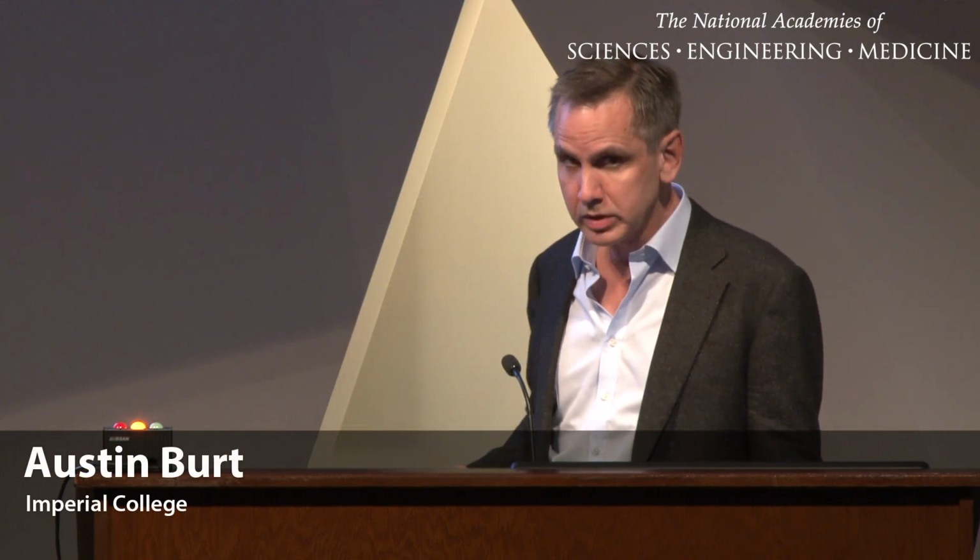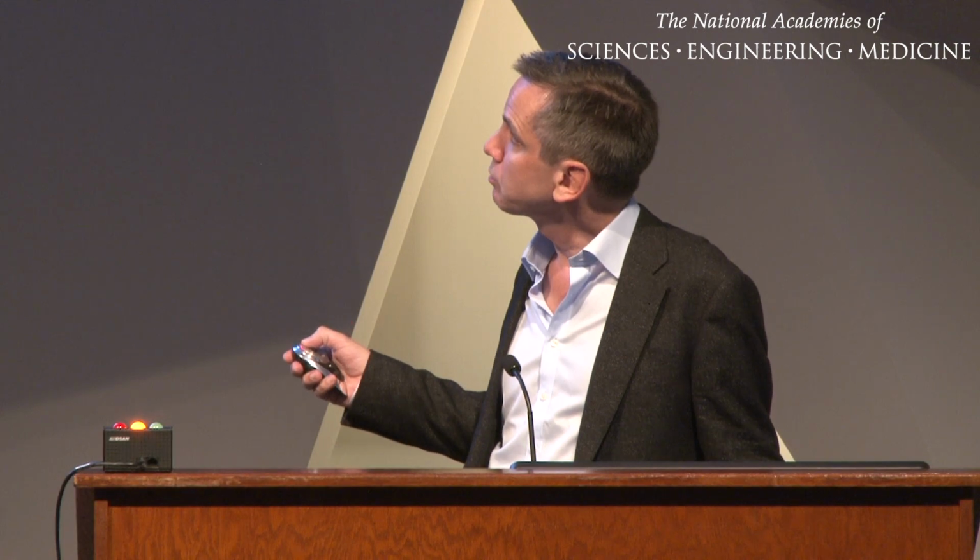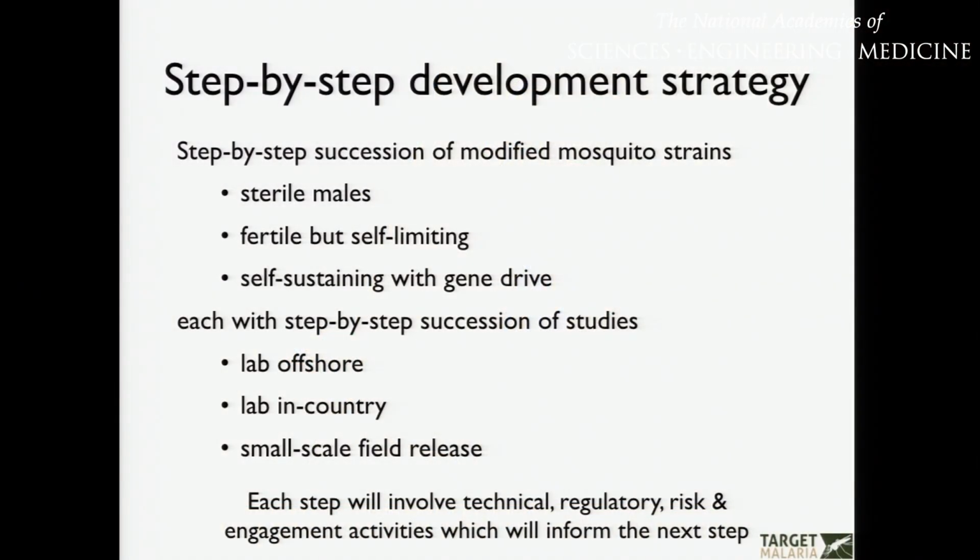And a nice feature of this is that it allows a step-by-step development pathway. So you can have a step-by-step succession of modified mosquito strains, starting, for example, with sterile males, then progressing to fertile but self-limiting strains, and then finally self-sustaining with gene drive.